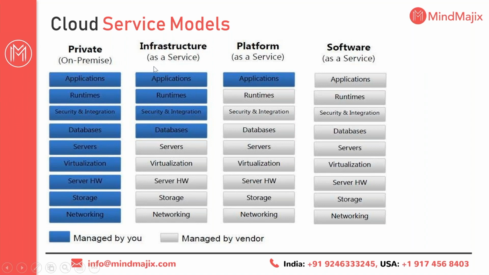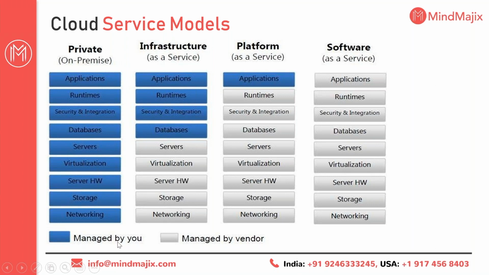When you come to infrastructure as a service, the networking, storage, server hardware, virtualization and servers, except the blue ones, are managed by a vendor. You purchase these services from a vendor, meaning you pay for them. You will not have your own servers, your own hypervisor, storage or networking; that is managed by your vendor.